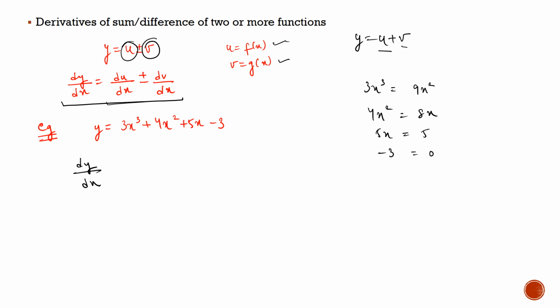We can take them individually and then add or subtract them, or we can just do it simply: 3x cube is 9x square plus 4x is 8x plus 5. So this is our answer. This is the derivative which I was talking about.